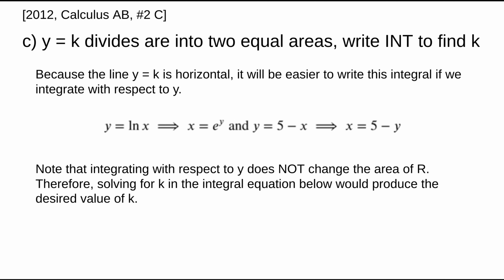So I can write the integral that I could use to find k by integrating from 0 to k, 5 minus y minus e to the y dy equals 0.5 times the area of R, which we already found in an earlier part of this question to be 2.986. So here I have an integral that's technically an equation, and if I'm solving for k here, that solution would be the desired value of k.